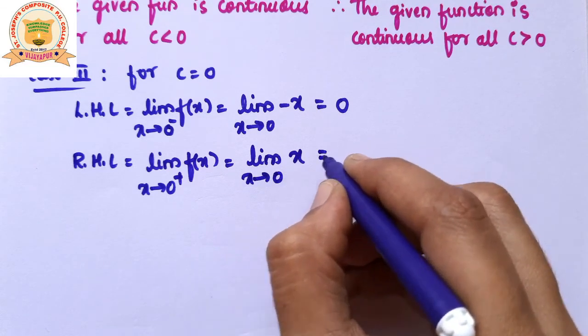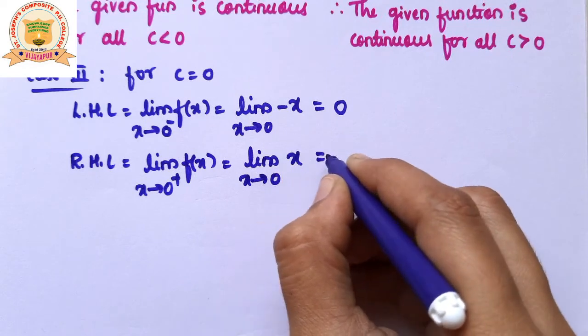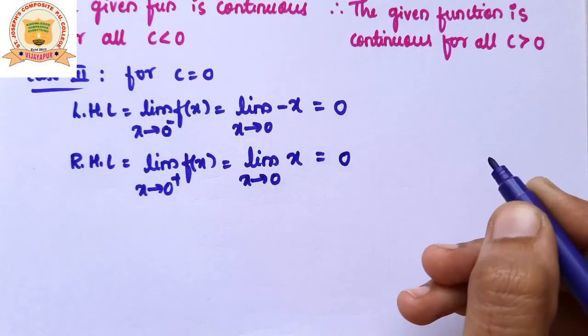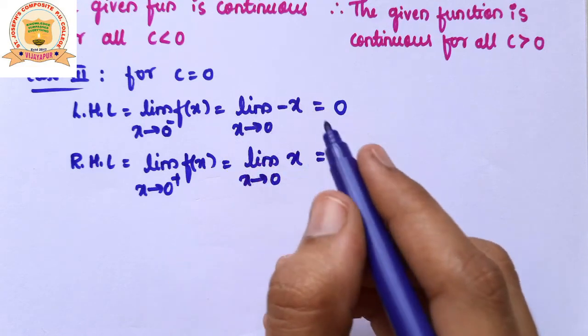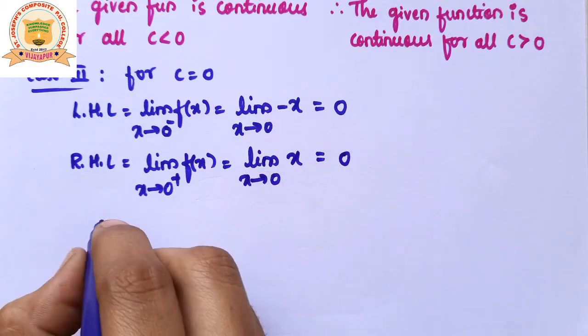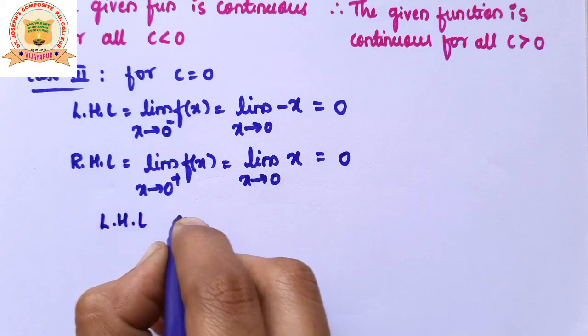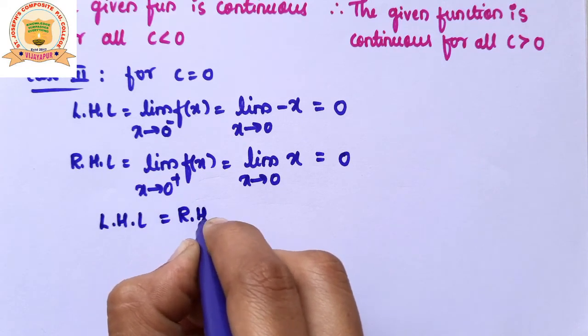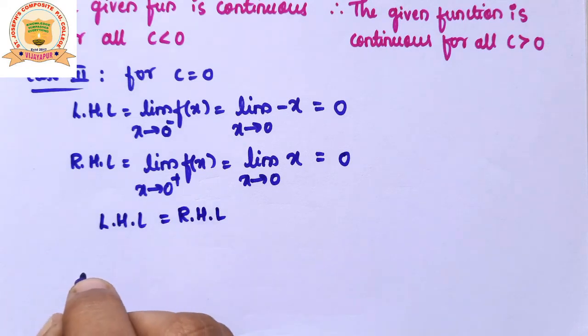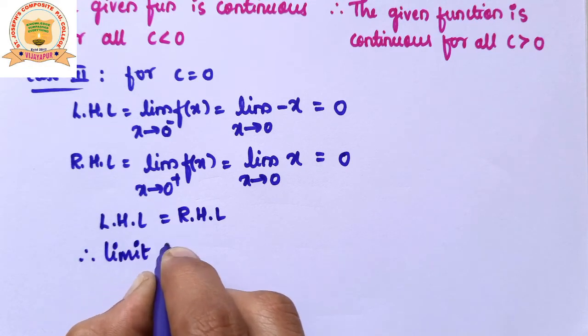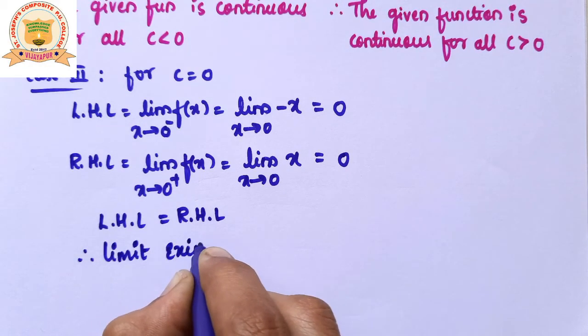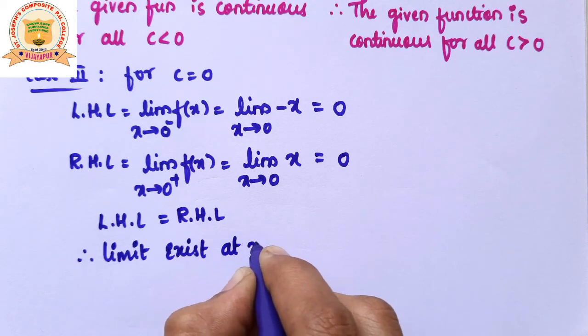That is, x tends to 0, then this x also tends to 0. Therefore, the left hand limit and right hand limit of this function are equal. Left hand limit is equal to right hand limit at x is equal to 0. Therefore, the limit exists at x is equal to 0.